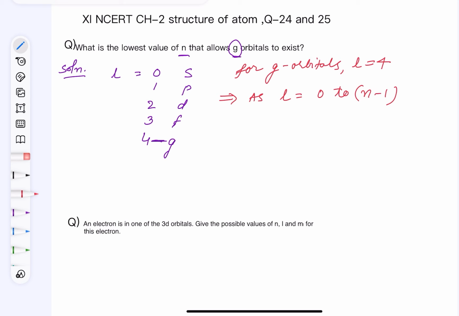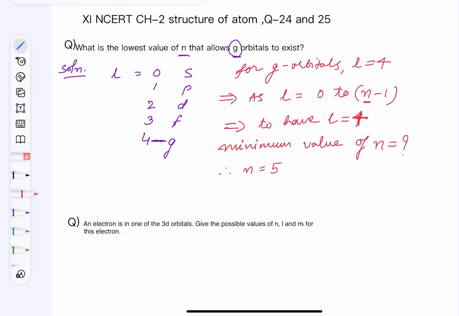So to have L equal to 4, what should be the minimum value of n? Just try to understand what the minimum value of n should be so that you get the value of L as 4. Obviously it has to be 5 because 5 minus 1 will give you 4. So therefore your n value will be 5.